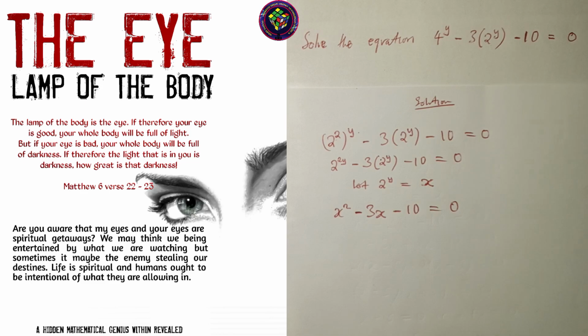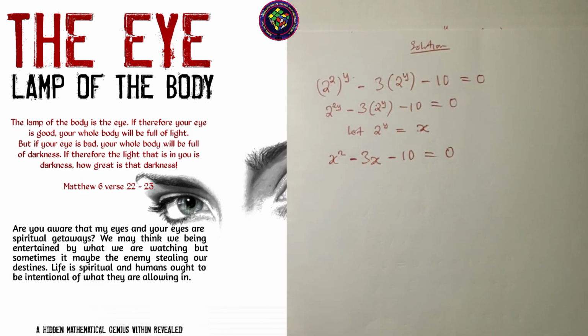Okay, now this is a quadratic equation, and we know that there are 3 ways of solving quadratic equations. We have factorization method, completing the square method, and quadratic formula method. And for this one, we use factorization method. So for factorization method, we need to have product and sum.